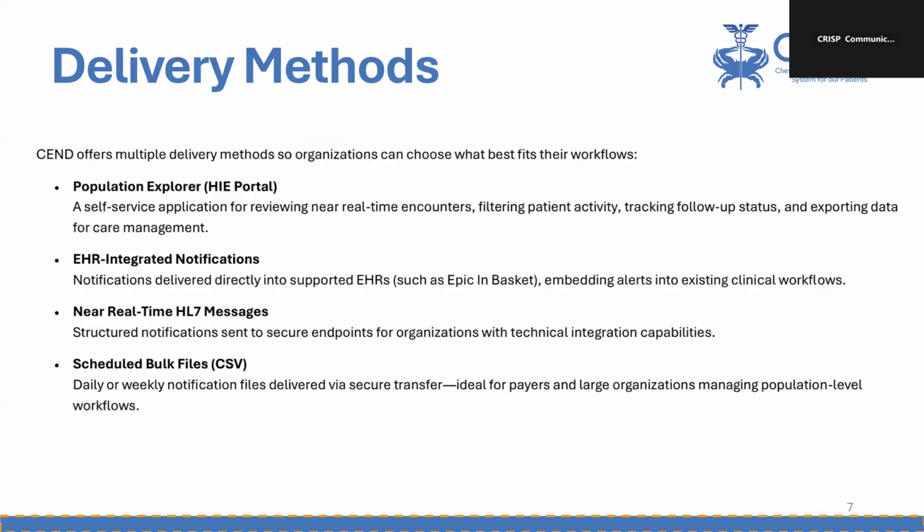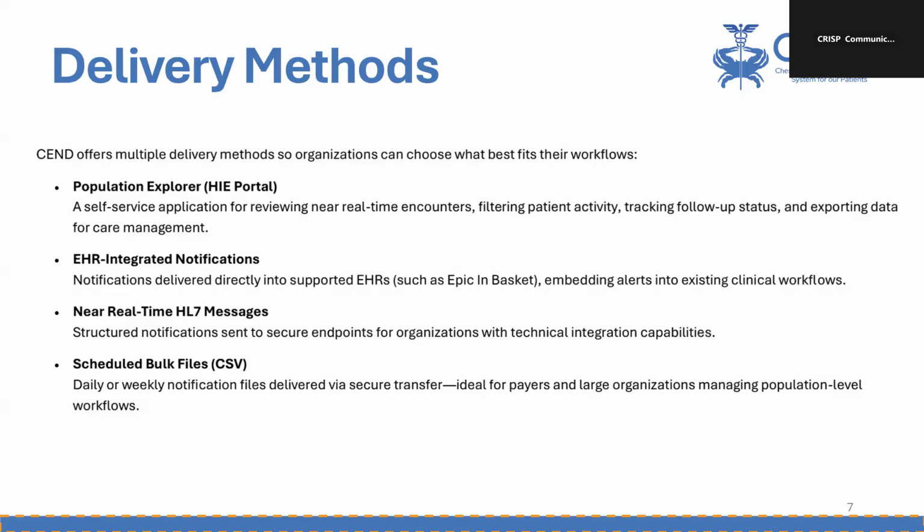So how do you actually get these notifications? So there's four main ways that organizations will choose and select to have these notifications delivered. One easy way for many users to have access to these is through our Population Explorer tool, which is embedded in the HIE or CRISP portal.